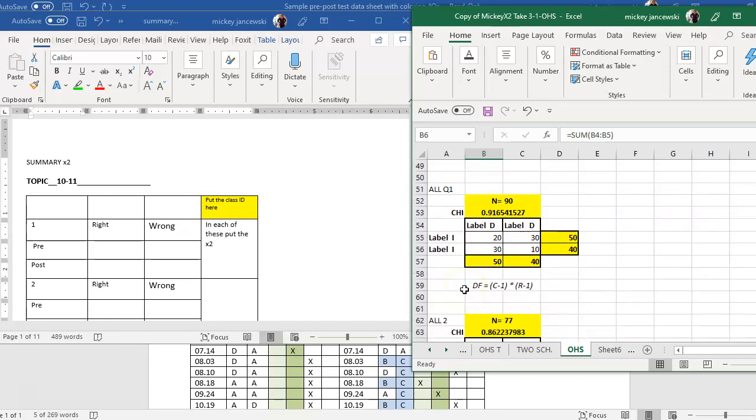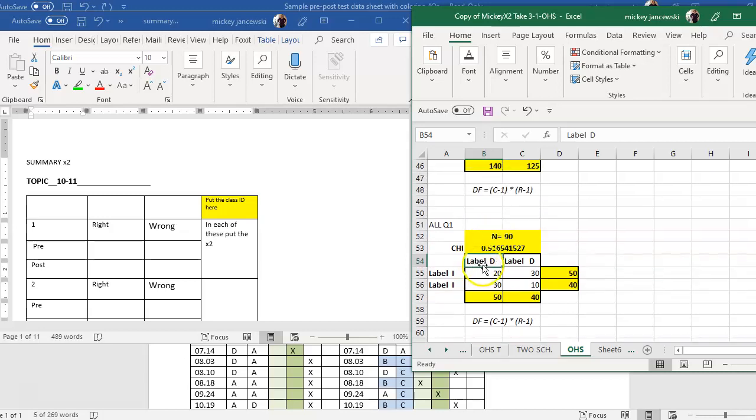Then what I'm going to ask you to do is to put all of Overly High School together. So this means in the pre-test, we're going to have close to 200. So let's say that Overly High School, on the pre-test, let's say 75 got it right, and 125 got it wrong.